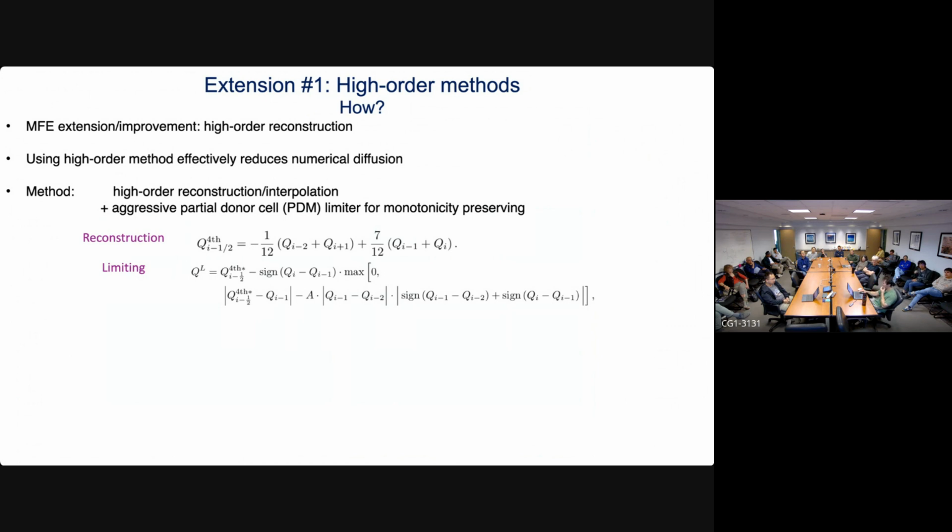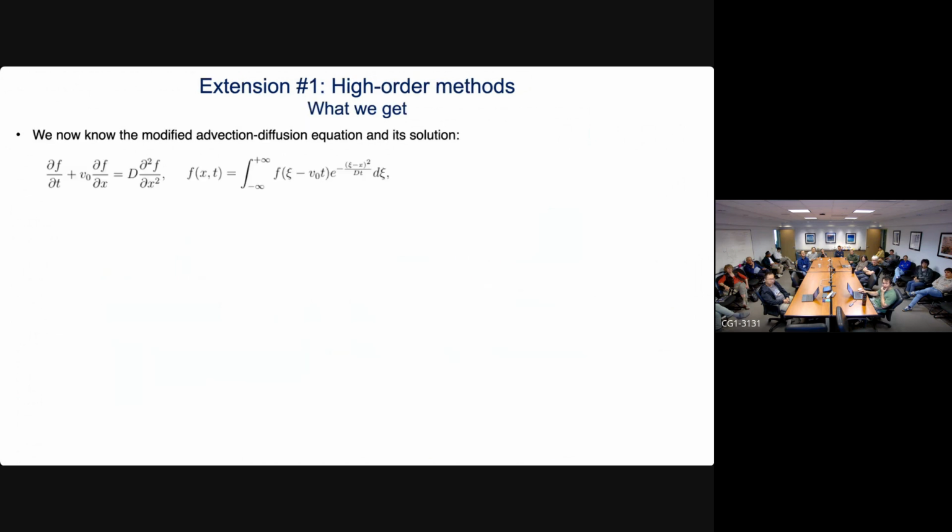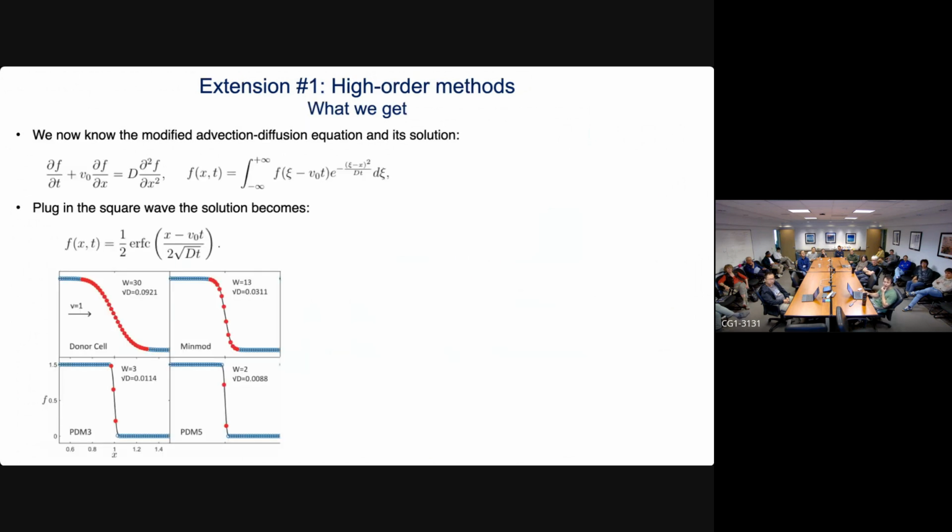But it's already a very good improvement by using the partial donor cell methods. After comparing from first order up to 10th order, fourth order is already a pretty good option.